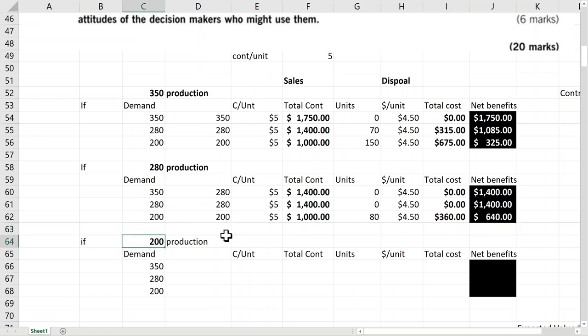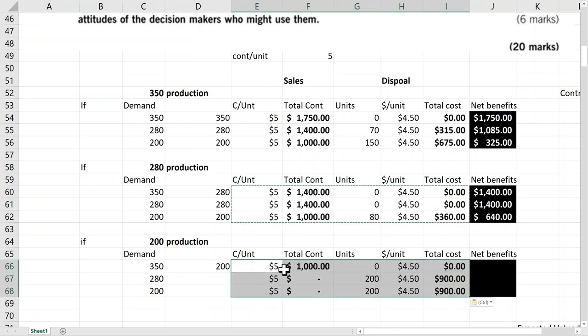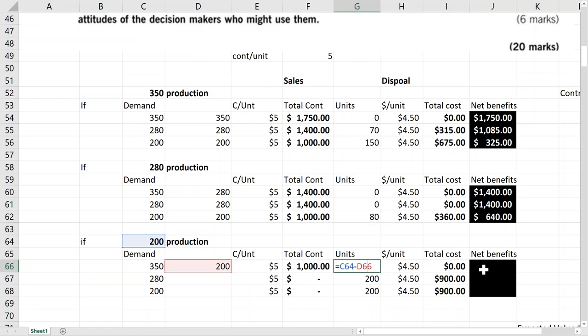What if we produce 200 units? Demand is 200. We will only be able to sell 200, and nothing will be disposed because everything will be sold. So the net benefit is $1,000. Again, demand 280. We will only be able to sell 200, and nothing will be disposed.